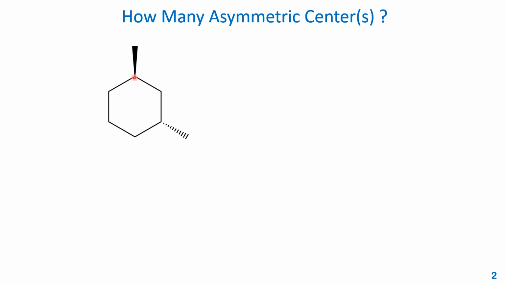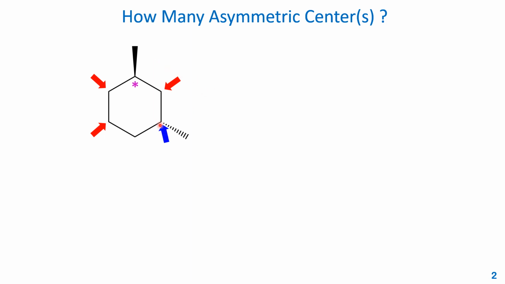Now look at this carbon. This carbon should have methyl and hydrogen away from us. That's 2 different attachments. Now these 2 look like the same, CH2, but if you look at the further attachment, these 2 carbons are different because this carbon has a methyl group here. This carbon only has 2 hydrogens, so that's different. So this is an asymmetric center.